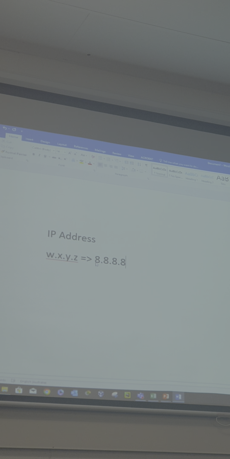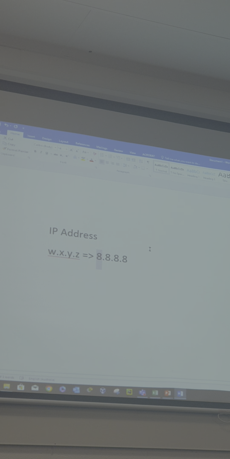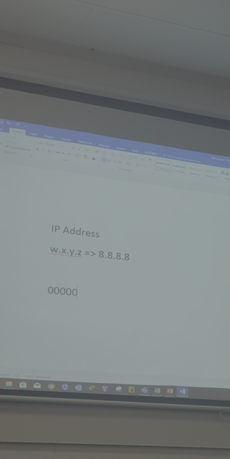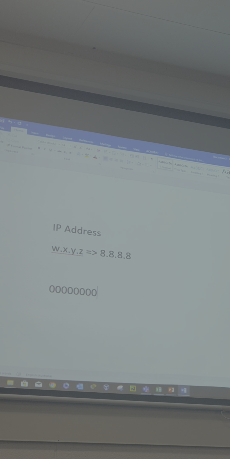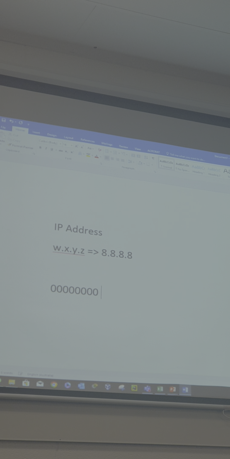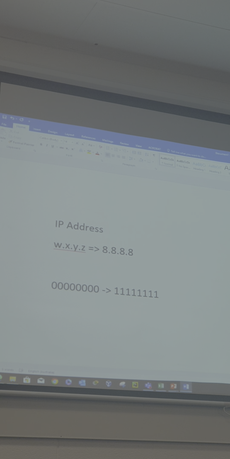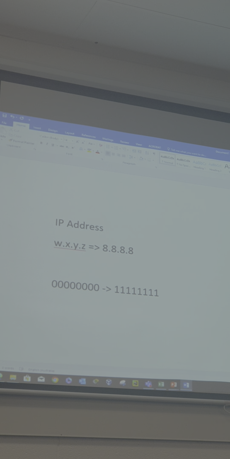Now, seeing as each octet is 8 bits, with 8 bits we can go from 1, 2, 3, 4, 5, 6, 7, 8. We've done binary, so we know what this means. And that can go to 1, 2, 3, 4, 5, 6, 7, 8. That is the sum total of our binary address space with 8 bits.